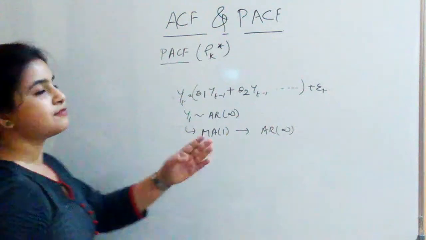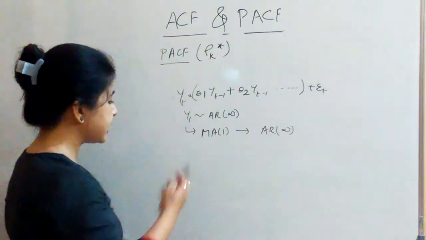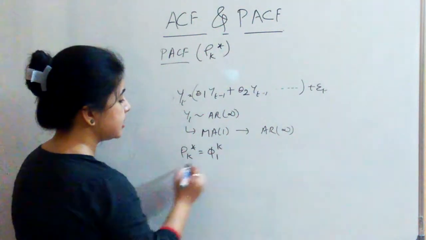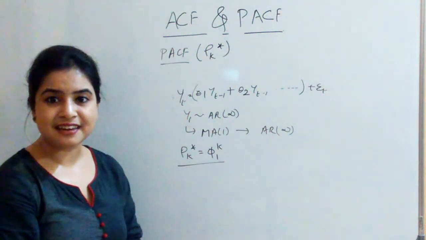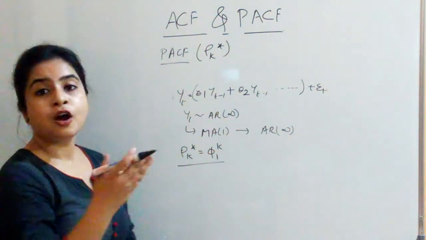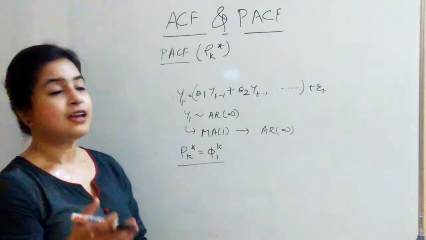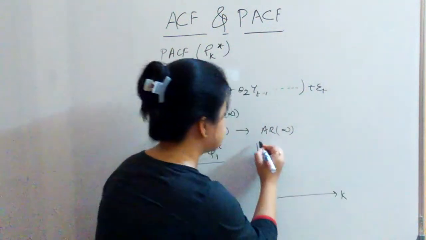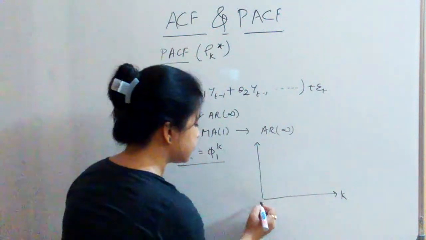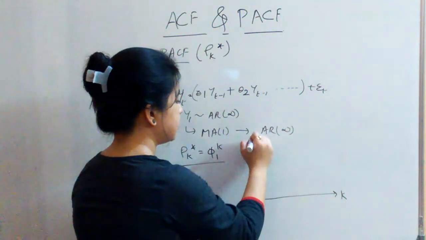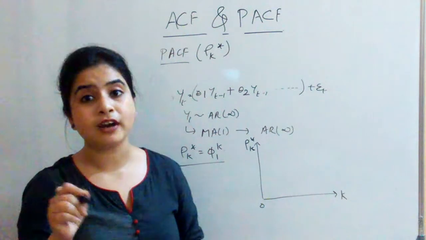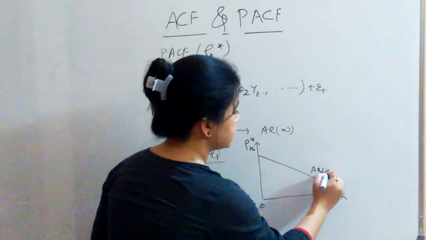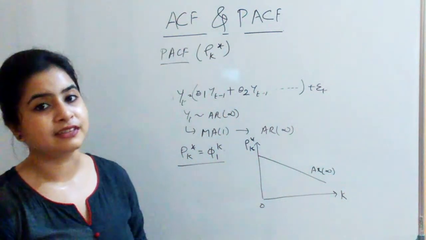And since it ultimately follows the AR series, we can write that here the partial autocorrelation function is phi 1 to the power k. Isn't it very similar to the autocorrelation function? Yes, it is. And therefore we have the diagram of the partial autocorrelation function for the MA series, which will look like this, since it follows AR of order infinity.